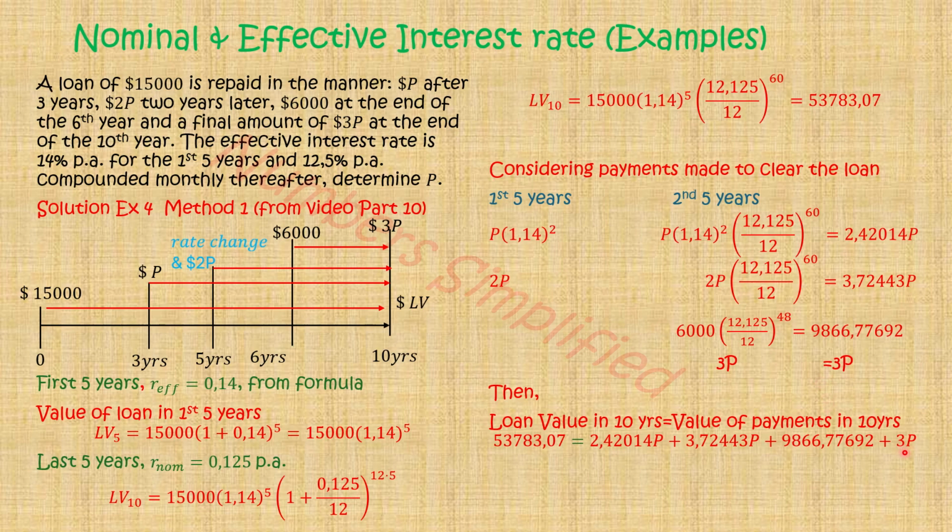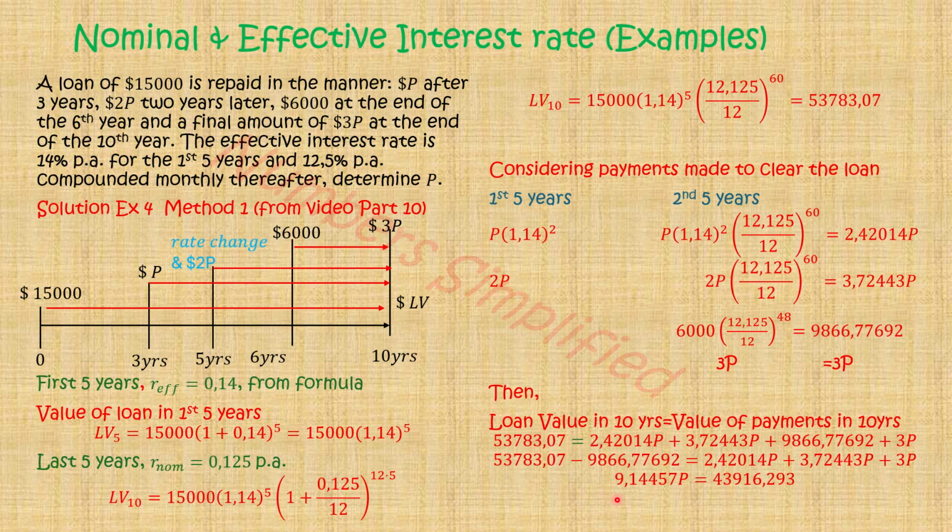Now, the next step would be to group the like terms. So we are going to shift everything that does not have a p to one side, so we have the $9,866.77692 moving to the left-hand side, and the p's grouped together as well.